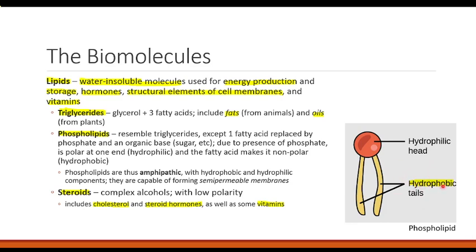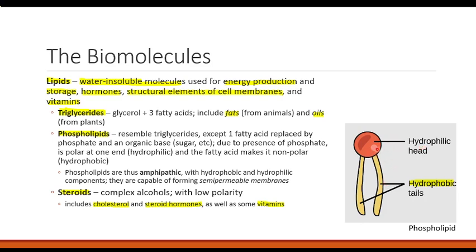Here we have hydrophobic tails, made up of fatty acids. Being hydrophobic, they repel water or cannot dissolve in water. However, phospholipids have a hydrophilic component which is due to the presence of phosphate, and phosphate is a polar molecule.